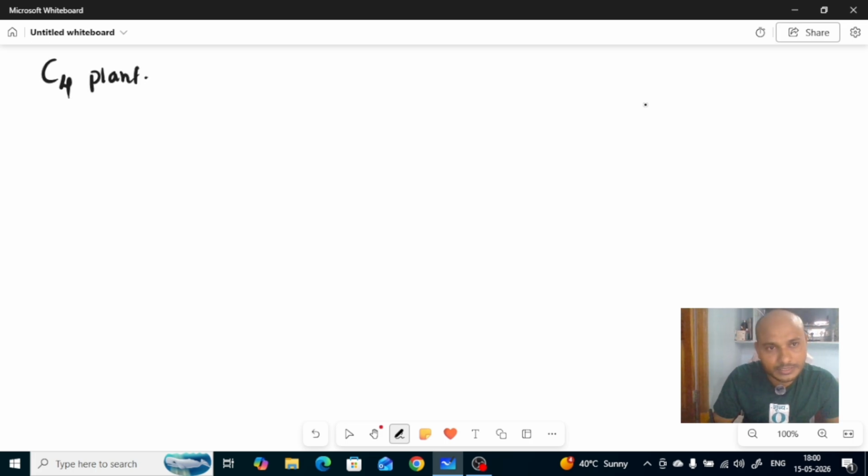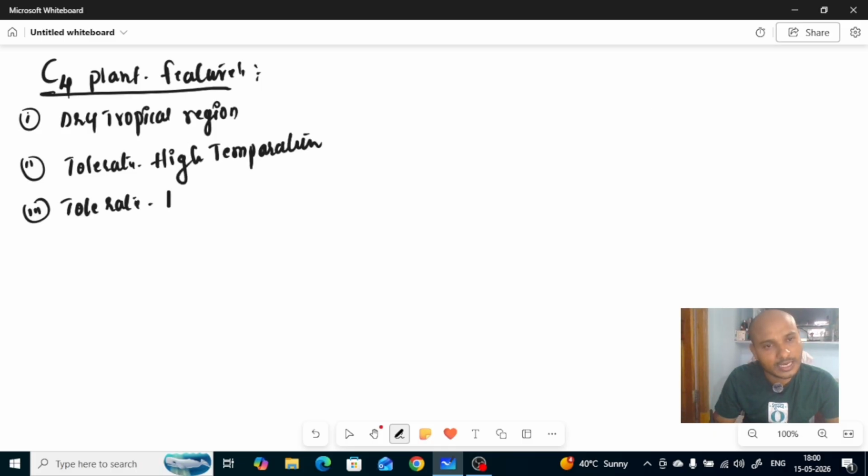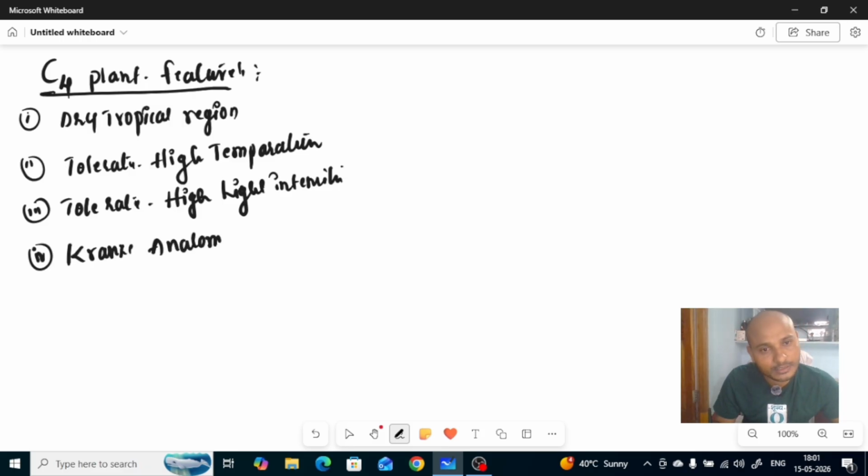So now we are discussing the salient features of C4 plants. First one, C4 plants are generally found in dry tropical regions, and these C4 plants tolerate high temperature. They also tolerate high light intensity. And the most important feature of C4 plants is that they show Kranz anatomy in the leaves.